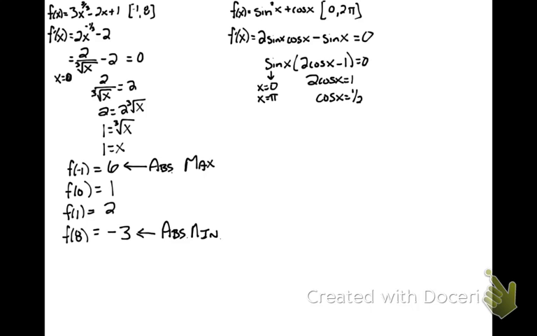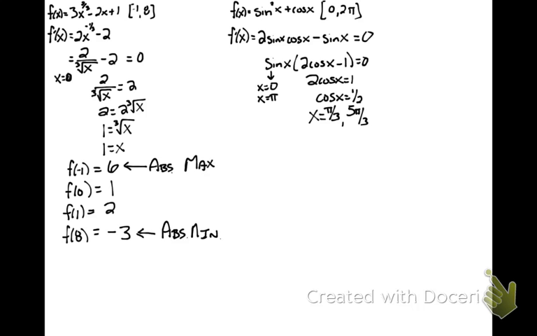On this interval, this will occur when x is pi thirds and when x is 5 pi thirds. Again, this is where it's really important to know your trig identities. So again, pi thirds, which is 60 degrees, or 5 pi thirds, which is 300 degrees.